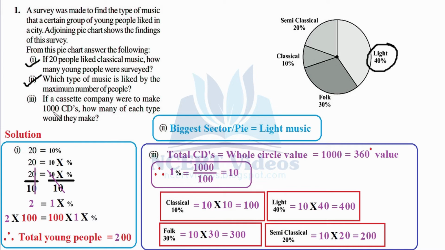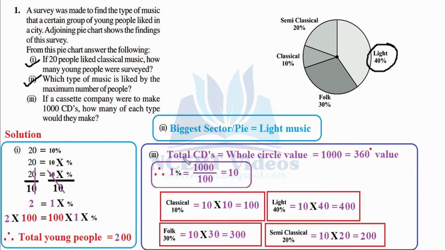It is independent information in its own. We are telling you this because you might get confused: there are a total of 200 people, so why would a cassette company produce 1000 CDs? That is, 800 will not be sold. That's why we are telling you that the first part has nothing to do with the third part. Based upon that, we shall try to answer the third part.